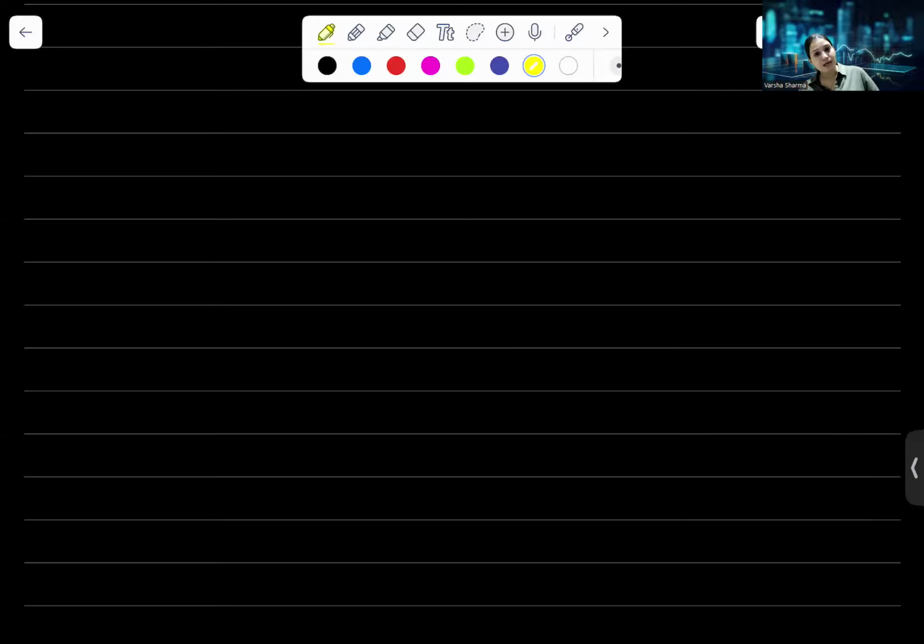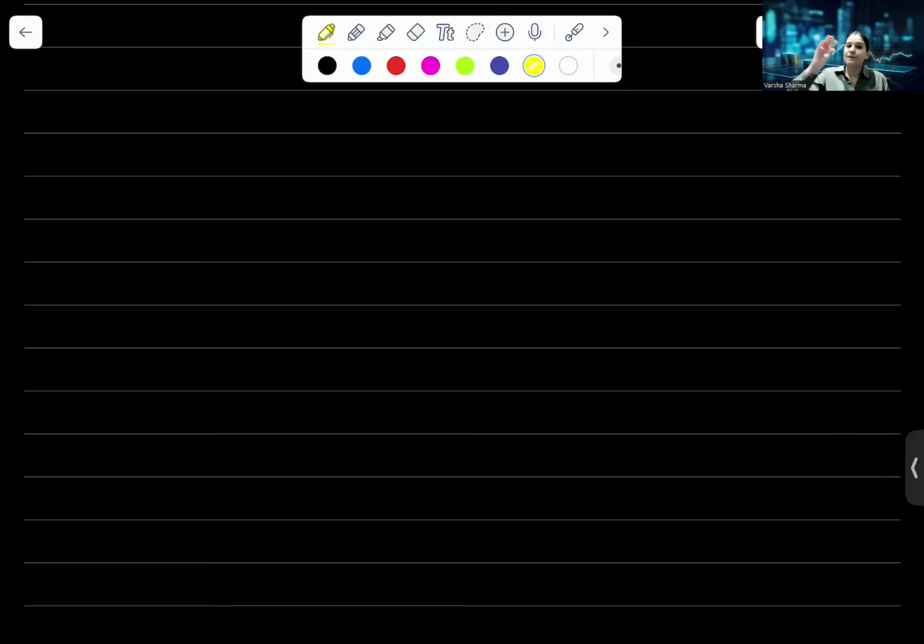Now, when we find probability for a part of this sample space, a part in math we call a subset, so event is what we call it. Events are subsets of sample space. If I'm talking about a coin, head and tail is my sample space. So I want to find the probability of the event of getting head.